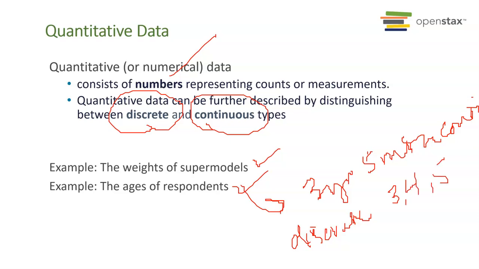Most people are not reporting their weight like, I weigh 122.4 pounds, even though if you get on the scale, it will say stuff like that. But most people don't report that. You say I'm 112 or I'm 140 or I'm 210, so you would use those discrete values.